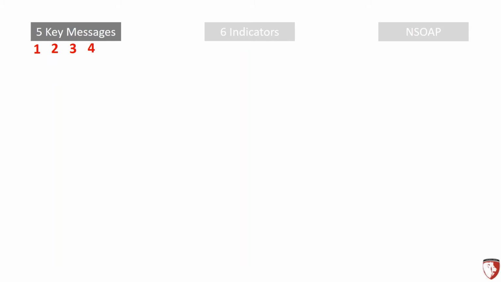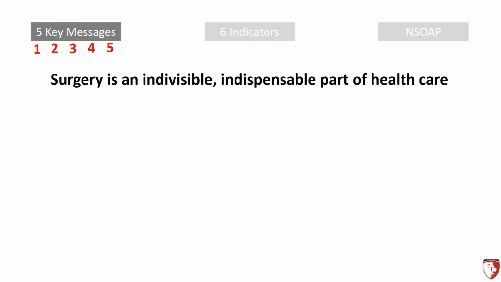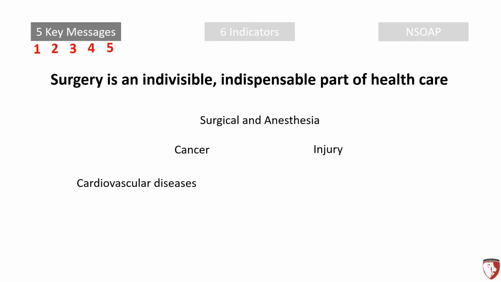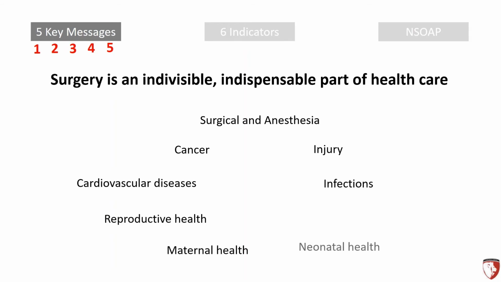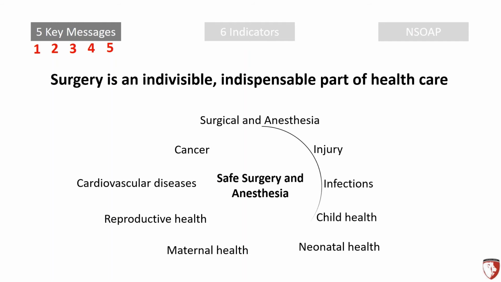Key message 5. Surgery is an indivisible, indispensable part of health care. Surgical and anesthesia care should be an integral component of a national health system in countries at all levels of development. Surgical services are a prerequisite for the full attainment of local and global health goals in areas as diverse as cancer, injury, cardiovascular diseases, infections, reproductive, maternal, neonatal, and child health.